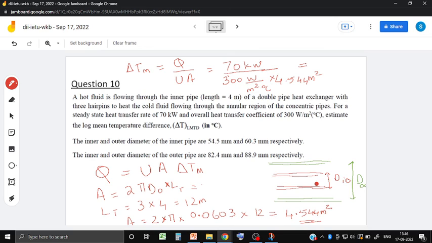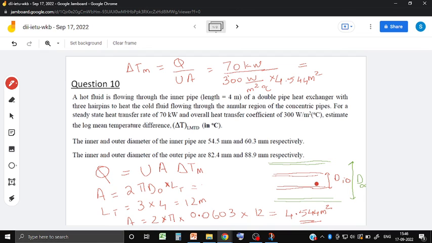So here the main thing that we need to understand is that, like in a double pipe heat exchanger, for considering the area of heat transfer, we need to use the outer diameter of the inner pipe, that is DIO.